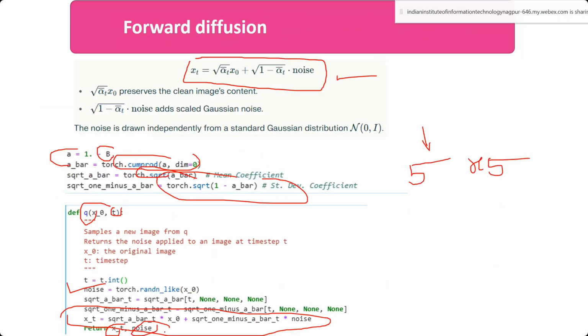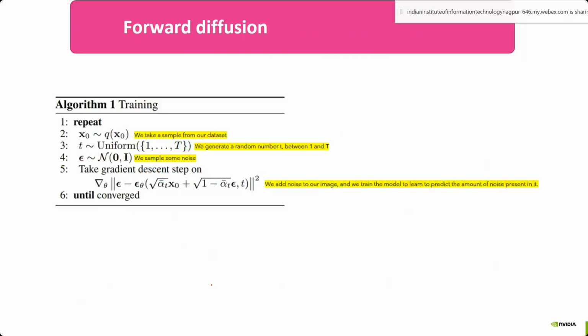That is what you are returning from the forward diffusion process. So this is the simple training algorithm of forward diffusion. Actually the beauty of this DDPM architecture lies in the loss function. It has a very easy loss function. So what is the loss function here? You are predicting the noise at a time step, and whatever noise you have added.